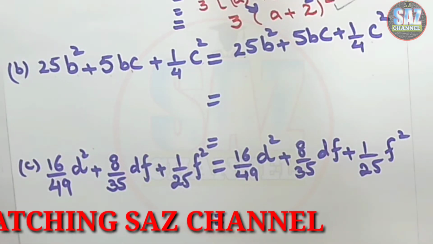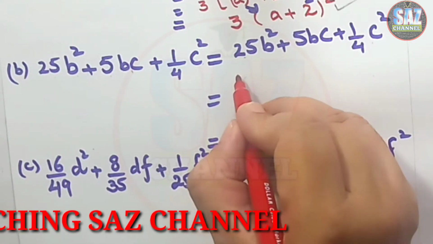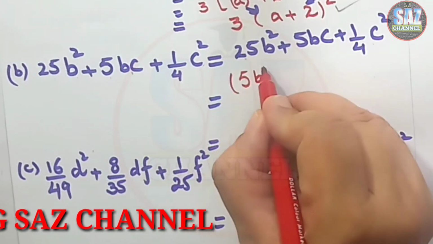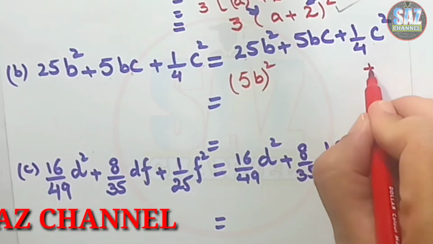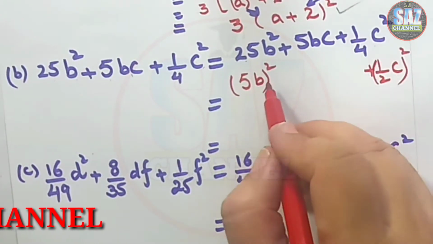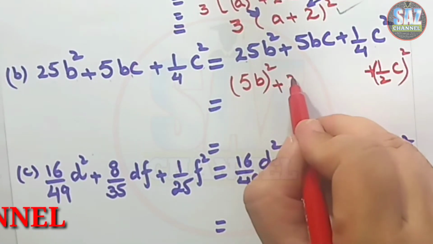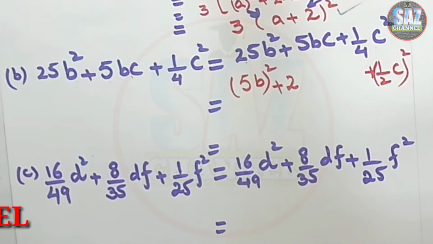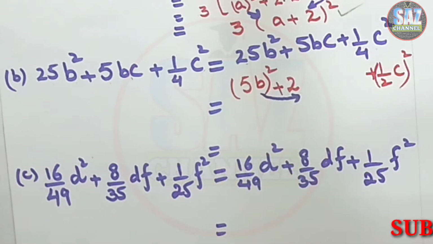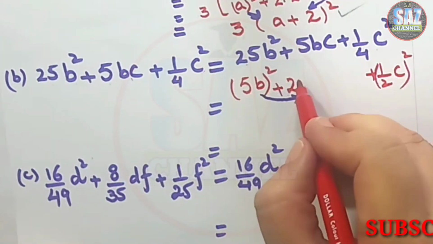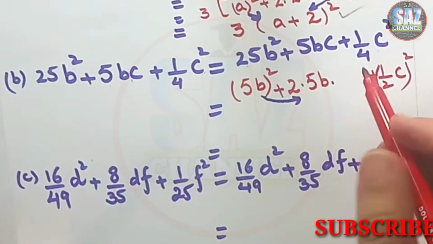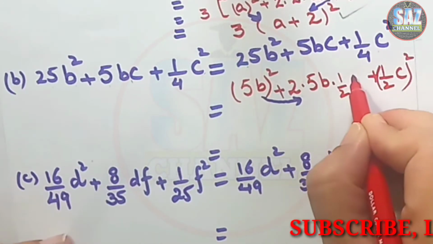So we have to express it in the form of a whole square, that is 5b whole square plus 1 over 2 c whole square, and at the middle place I will write 2, a from the first place, that is 5b, and b of the question is 1 over 2c.